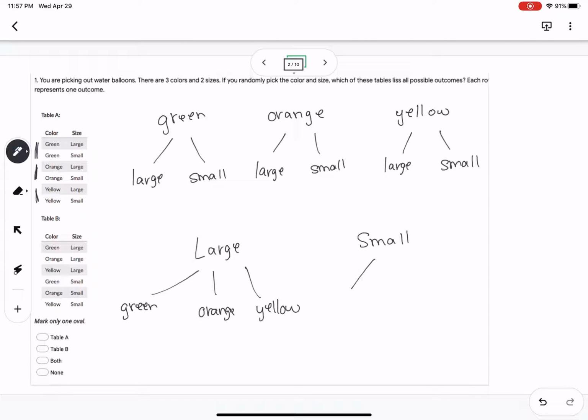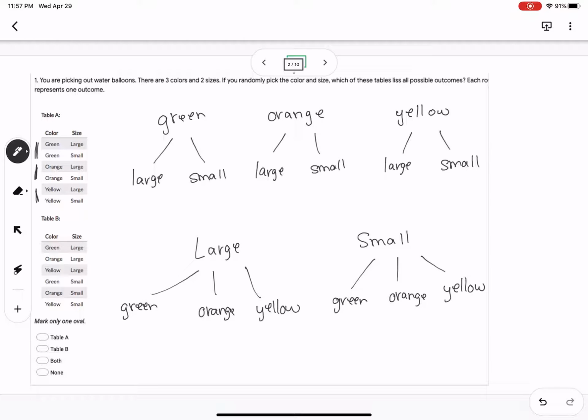Or we could have a small green, small orange, or small yellow. Okay, so that's listing it by the sizes.